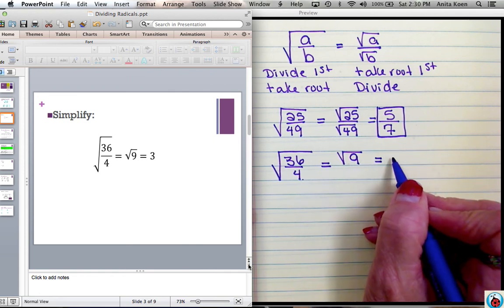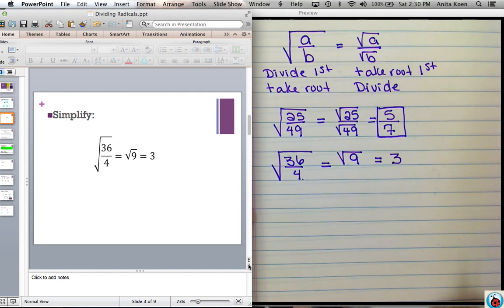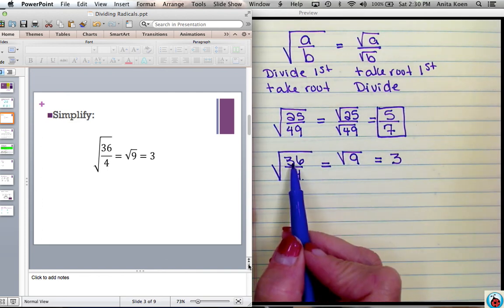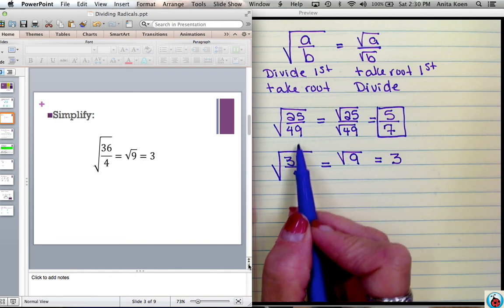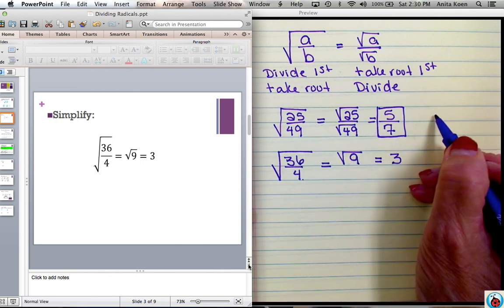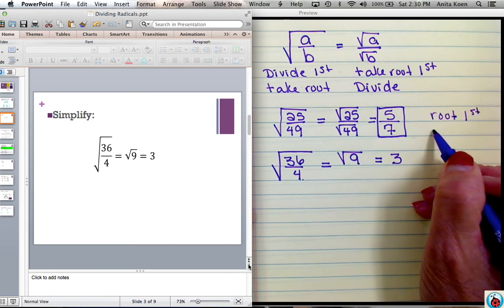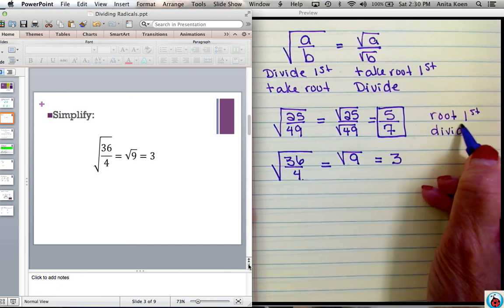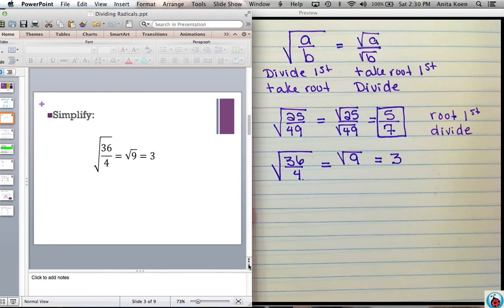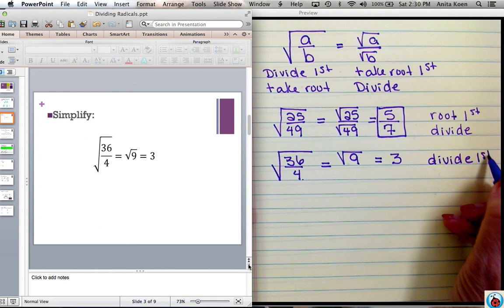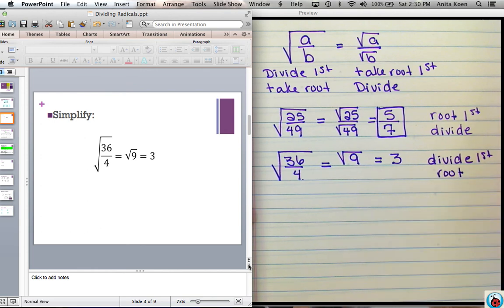The square root of 9 is 3. So it doesn't matter which way I do this. I can take the root first and then divide, like I did in the first example, root first, then divide, if possible, or I can divide first and then take the root.